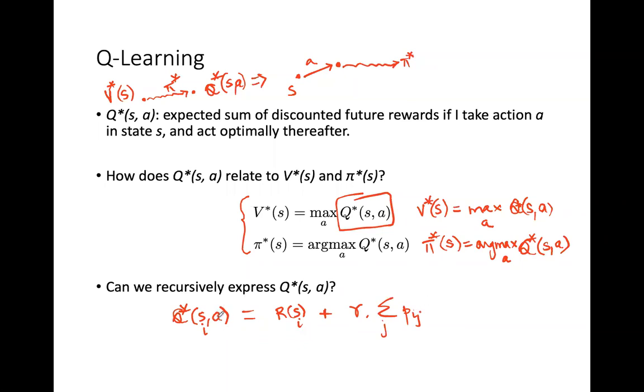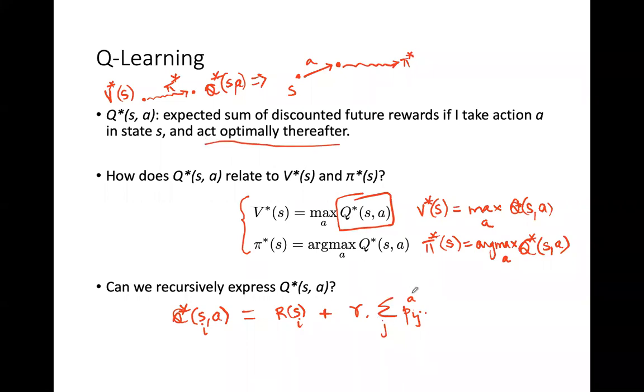Notice my action A is already fixed. That's nice. I don't need to take a max here or anything, because the Q function is only interested in valuing this specific action in this state. So my action is fixed. And now I need to multiply this by what I can expect to receive in the future having taken this action. This is where this key part of the definition helps us out.